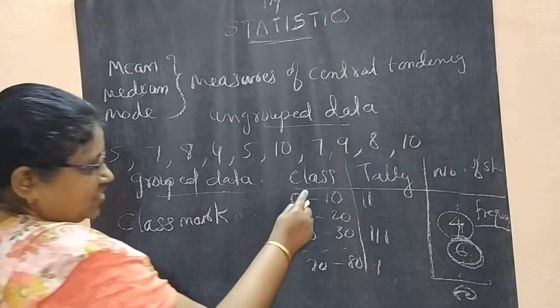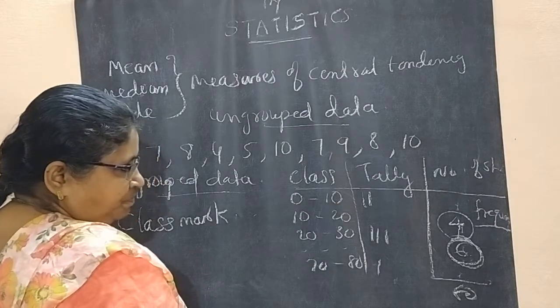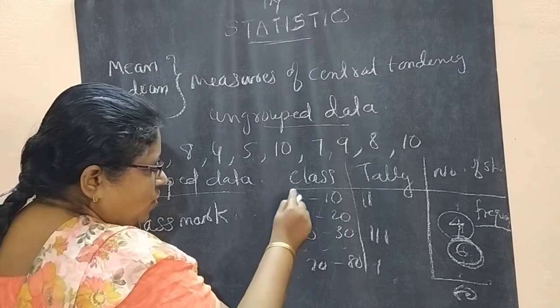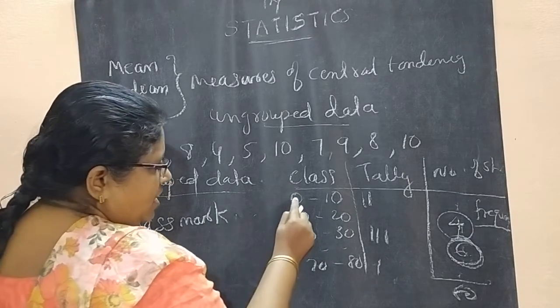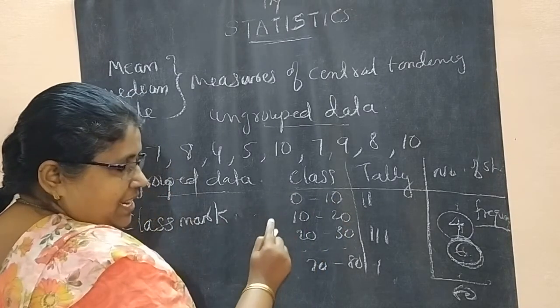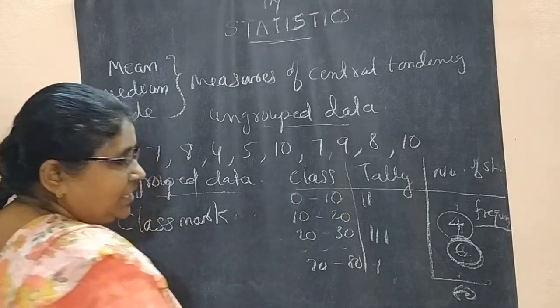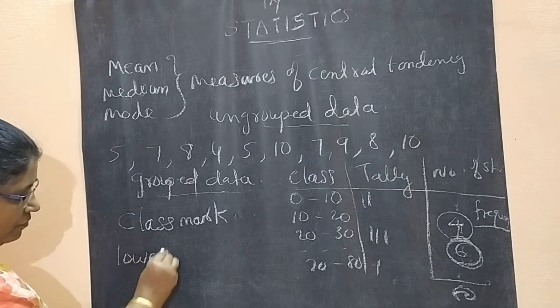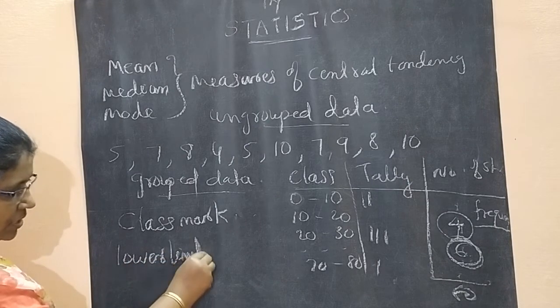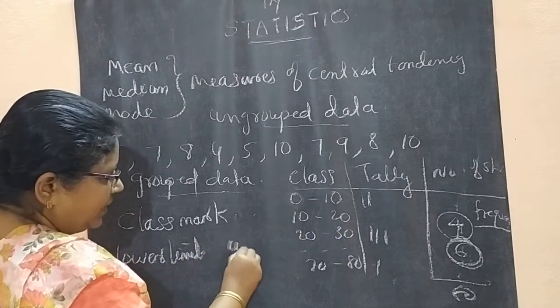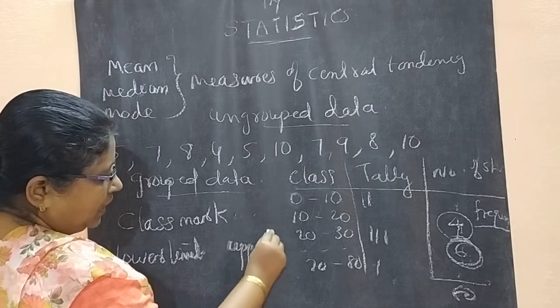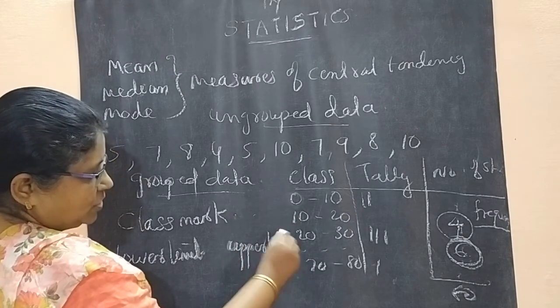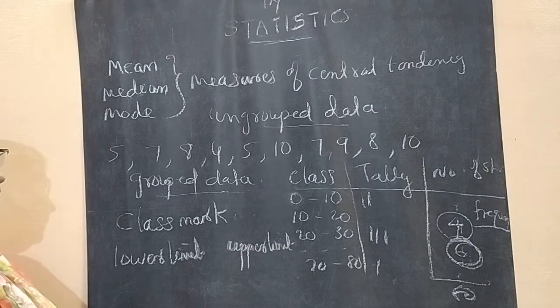Then if we consider these classes, the first number is called the lower limit. So 0 to 10 is the first class, 0 is called the lower limit and 10 is called the upper limit.